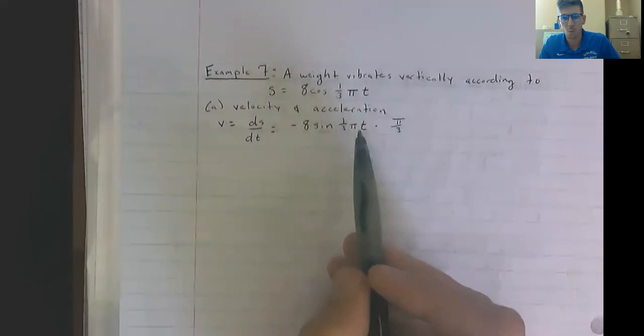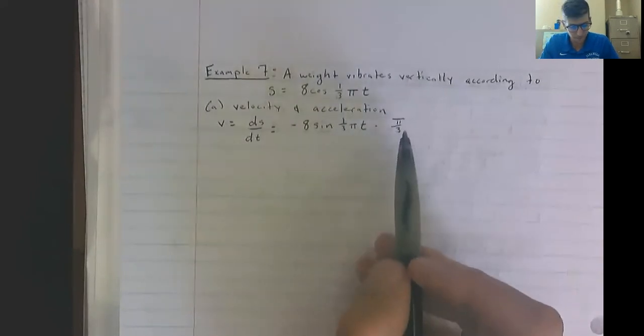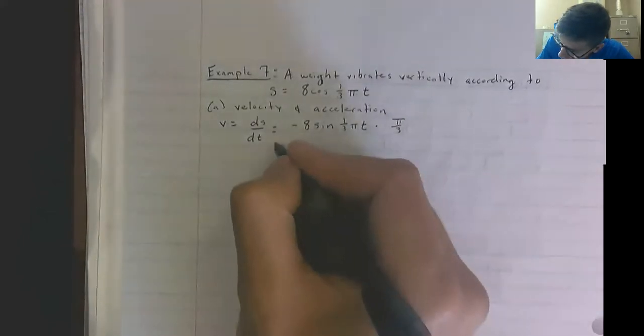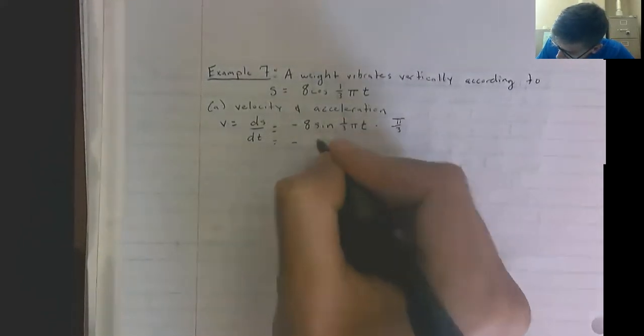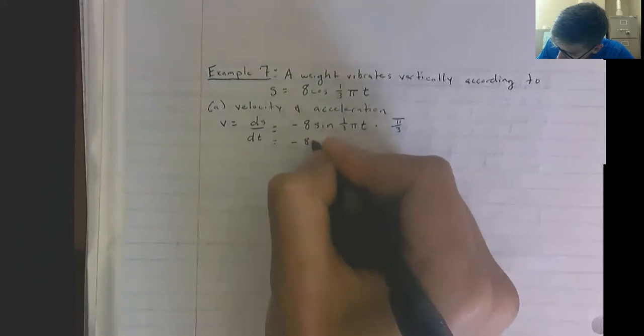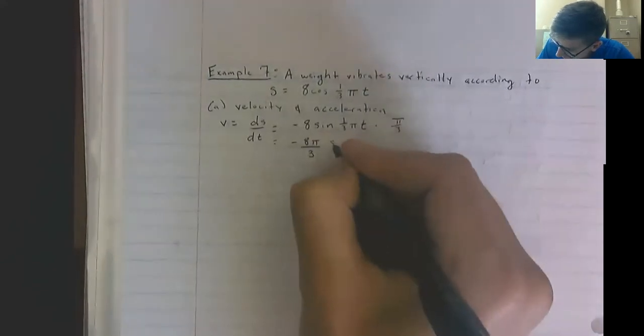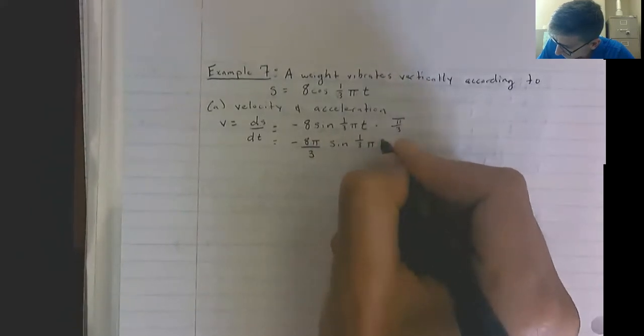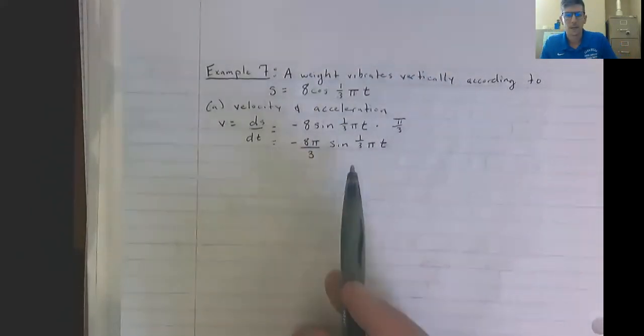Okay, the derivative of 1/3 pi t is pi over 3. And so we can write this as negative 8 pi over 3 times the sine of 1/3 pi t. That's our velocity.